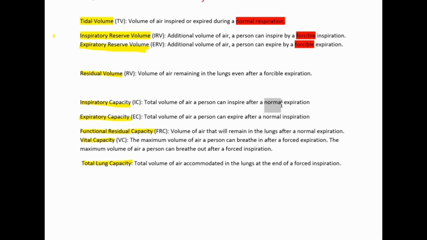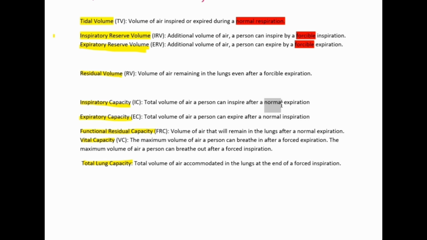Why did I tell you this mnemonic? This mnemonic is very useful in finding out the capacities. You don't have to remember the values of the capacities. Once you know the values of the lung volumes, you can easily find out the capacities. What is the meaning of capacities? They are nothing but the sum of different lung volumes.